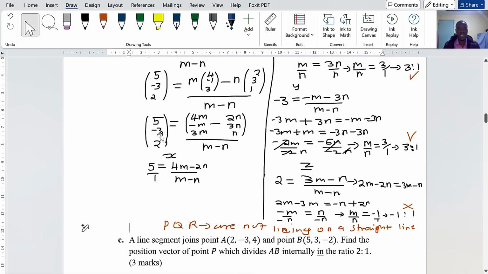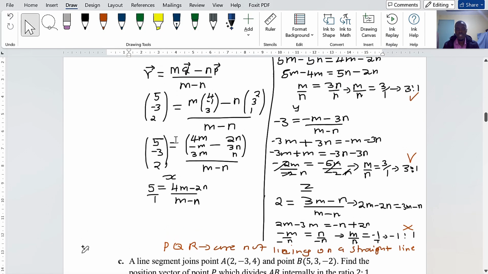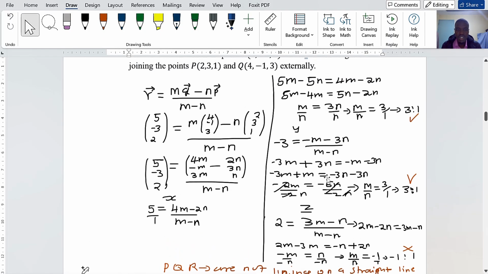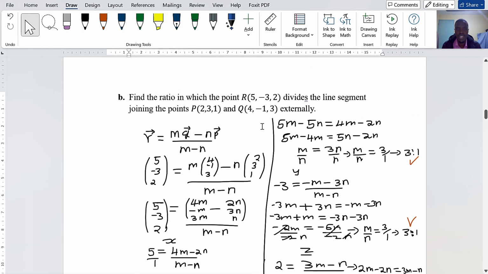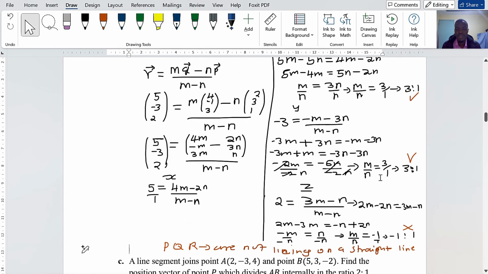So that is why we get different ratios. If we got the same ratio by verifying, you need to get the first one and verify with the other ones to prove that you are correct. If even one is not the same, then the points P, Q, R are not lying on the straight line.